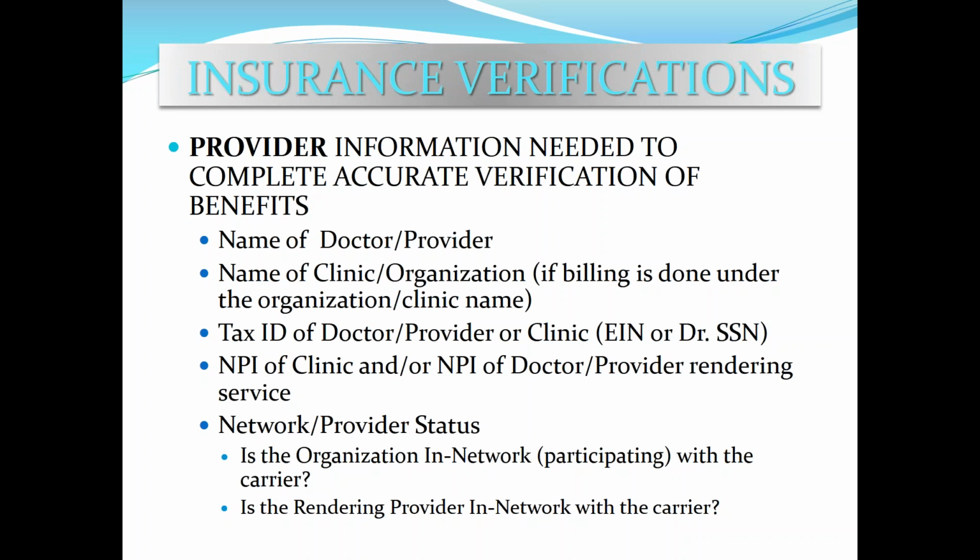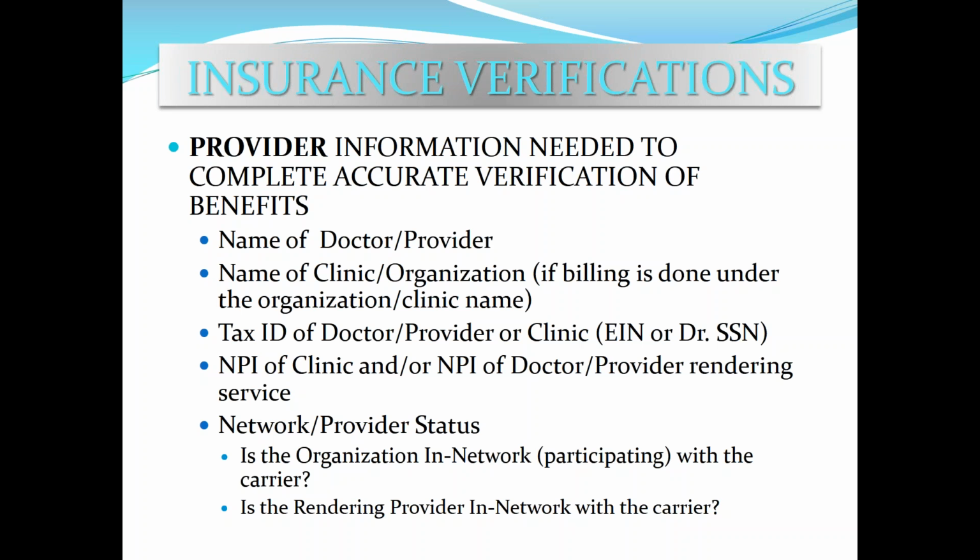So for example, you may have an organization, a clinic that you're doing billing for, and they recently hire a new doctor. And when they hire that new doctor, they have to go through a credentialing process to get that doctor listed under the umbrella of that organization as a participating doctor.